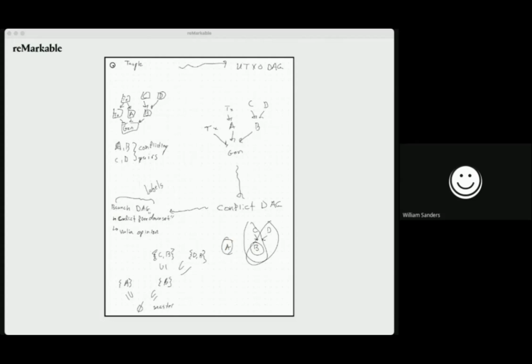So we can label here, these guys here are the master branch. These two guys here are the branch A, because this transaction depends on A, right? If you want to believe in this transaction, you have to believe in A. And similarly, this one is B, and this one is CB and DB respectively, all right?